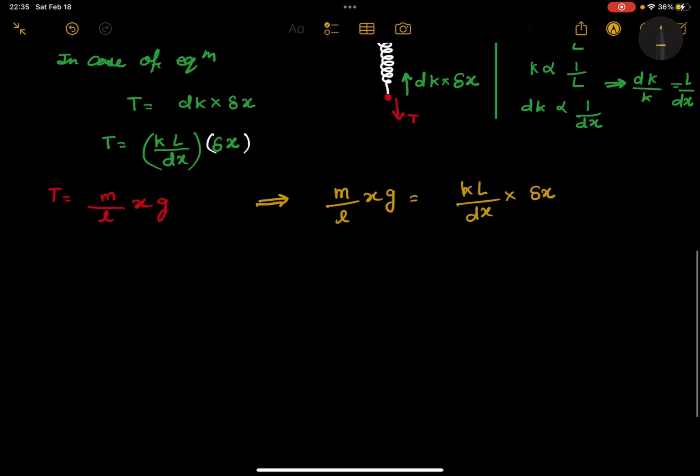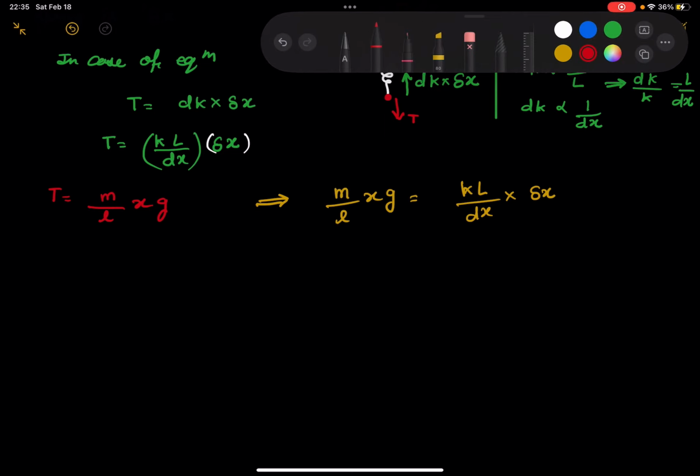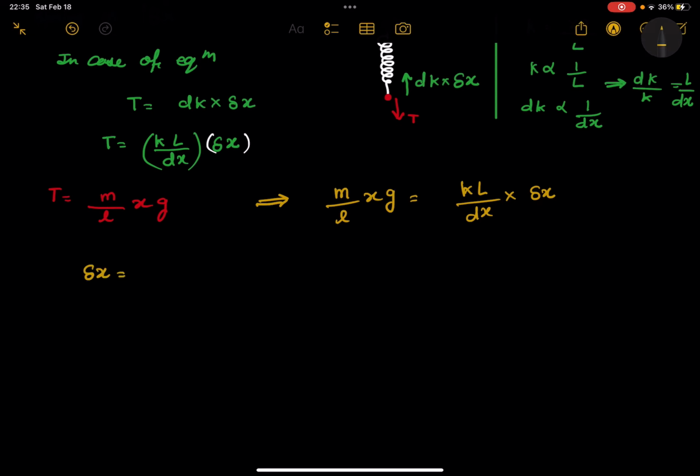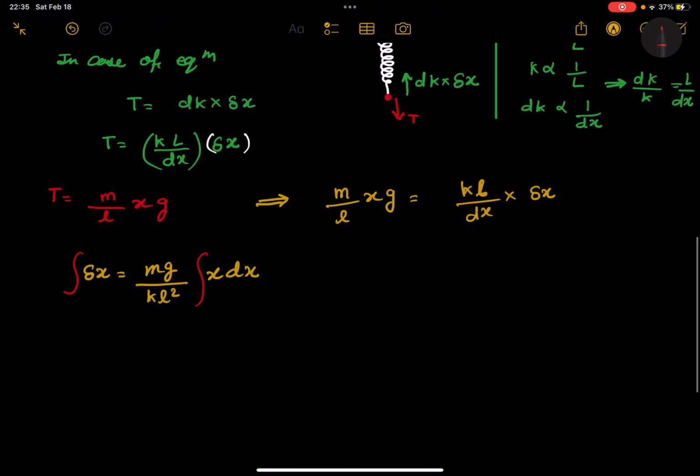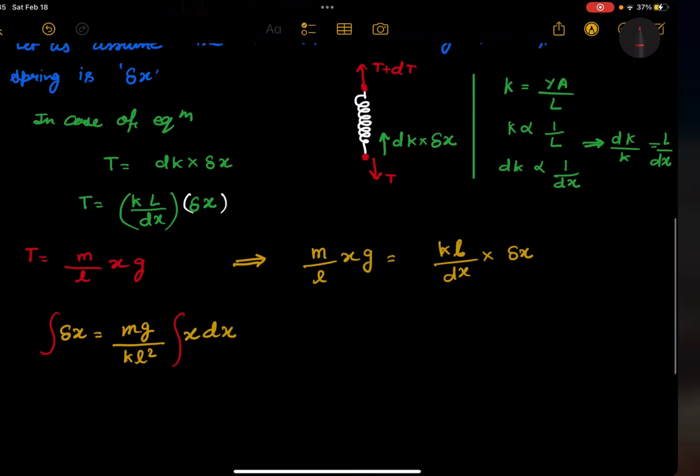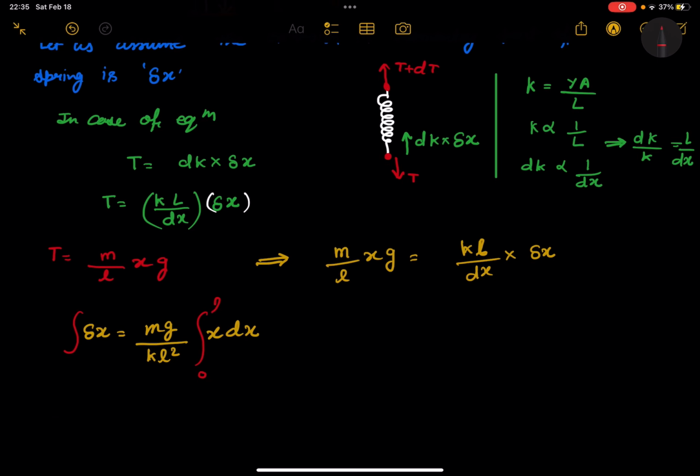Now I want to go with the simple derivation. The delta x is equal to mg by kL square, x dx. Now integration on both sides: the total length is from 0 to small l, and the extension will go from 0 to delta x.